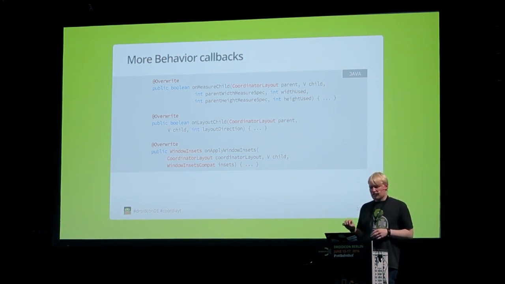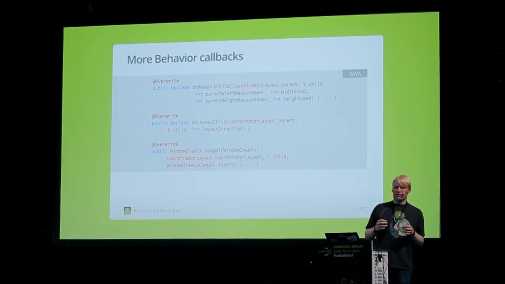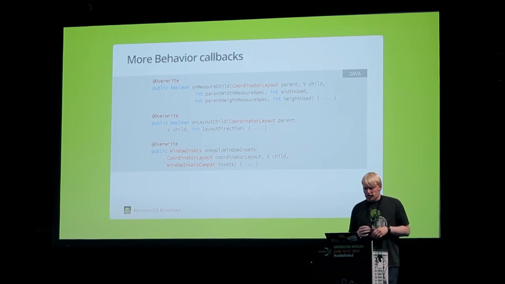So it will call this first, then the behavior can decide, do I want to apply some other measurement to my view? For example, you could implement a max width behavior with this. And then the CoordinatorLayout knows, did the behavior measure my child already, or do I have to do it, like a FrameLayout would?